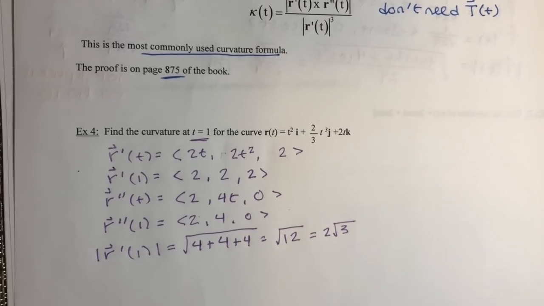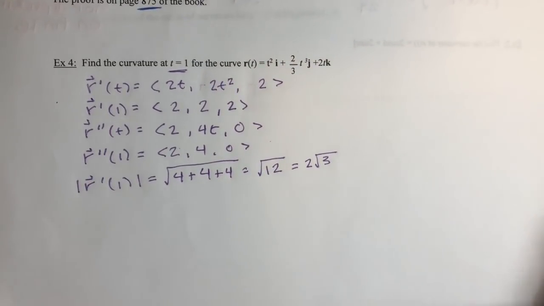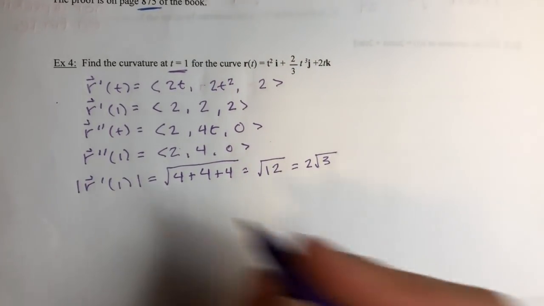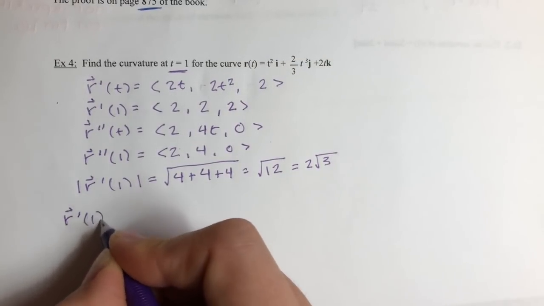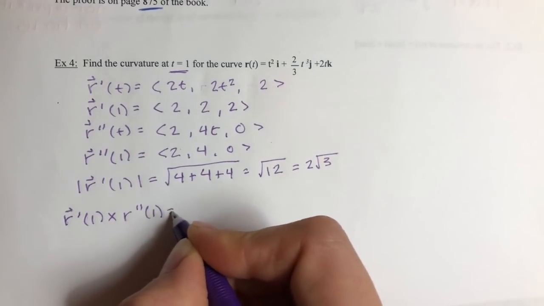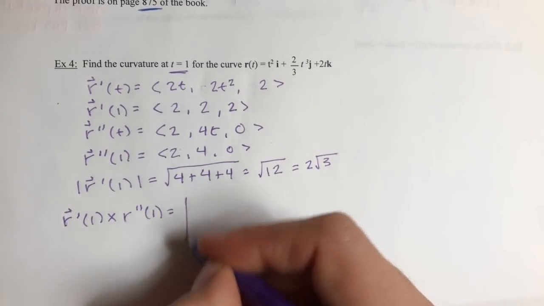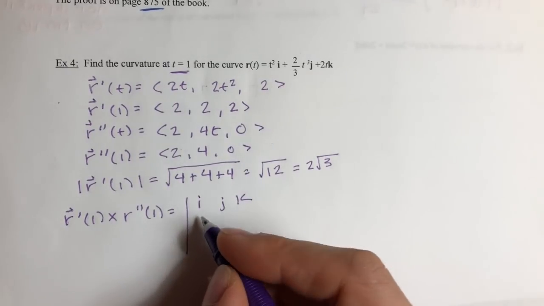All right. Now, the last thing we need before we start plugging stuff into our formula is that cross product. So I am going to do r prime of 1 cross r double prime at 1. And eventually, don't forget, we're going to need to take the magnitude of this. But first, i, j, k. And order matters. Order matters, people.